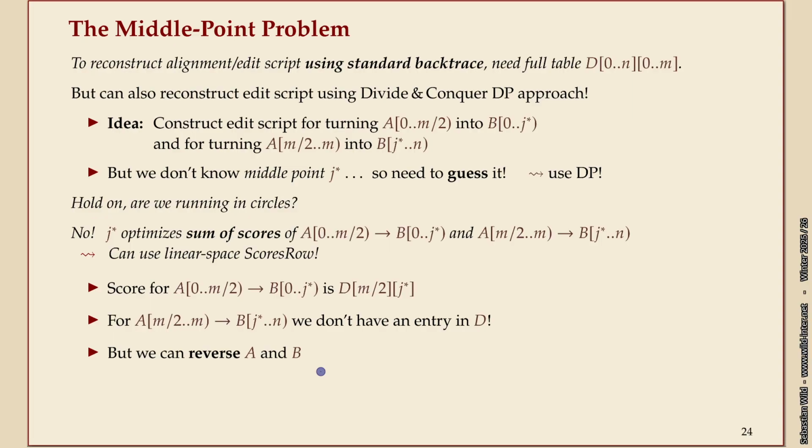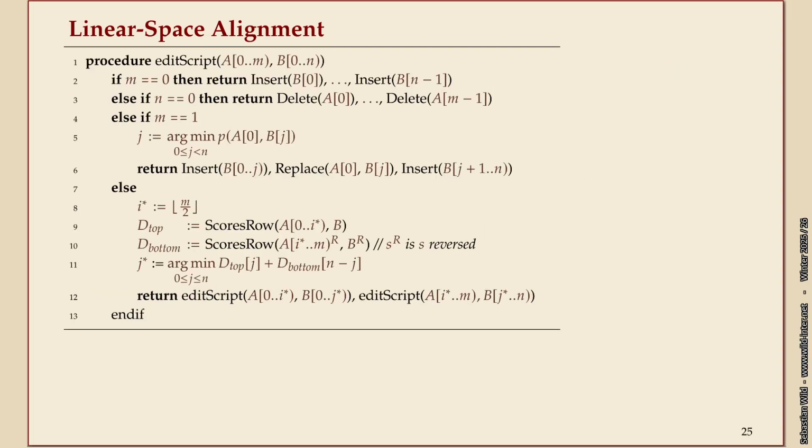And we do the same kind of calculation. Edit distance is symmetric anyways. It's the same whether you reverse both strings or not. So there's nothing lost. You could have also written separate code that works backwards. But in the interest of reusing code, I think it's more elegant to write it with the reversed strings.